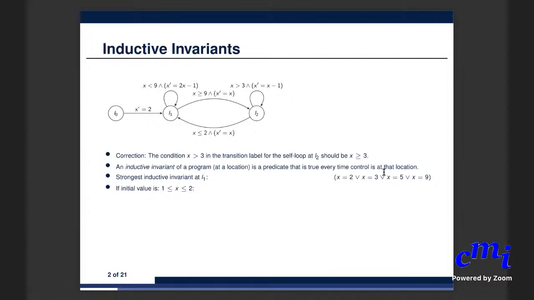You have to derive these inductive invariants which capture the possible reachable values at each location. How you do that is part of this whole logic theory, and I'm not going to get into that. I want you to understand that it is indeed possible to capture these as predicates that define precisely those values that the program variables can take.